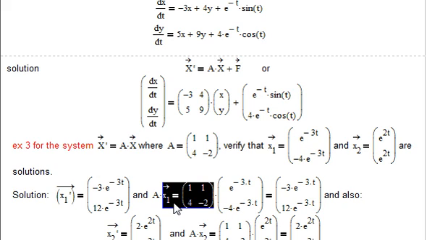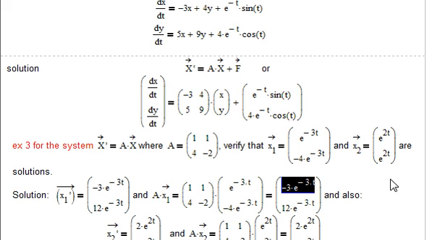And A times x1 is this matrix, 1, 1, 4, negative 2, times this vector, e to the negative 3t, negative 4 times e to the negative 3t. So we'd say 1 times this is e to the negative 3t, and 1 times this is minus 4 e to the negative 3t. So that gives us negative 3 e to the negative 3t.